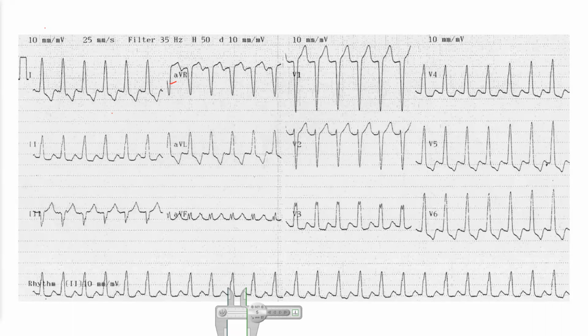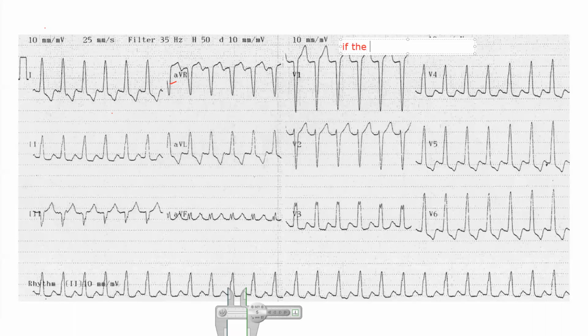And the way in which we identify whether the block is in the right bundle or in the left bundle is always to look at lead V1. So remember now, anytime that you have a wide QRS complex, you must always look at lead V1. And when looking at lead V1, this is going to be your clue as to whether it is a right bundle or a left bundle.